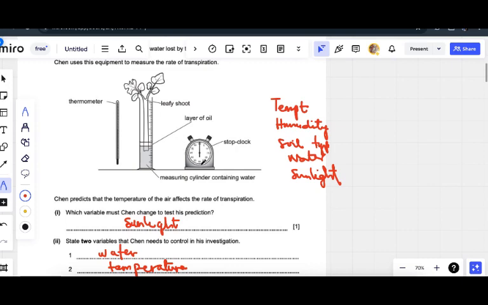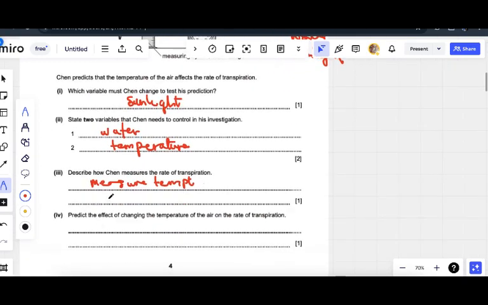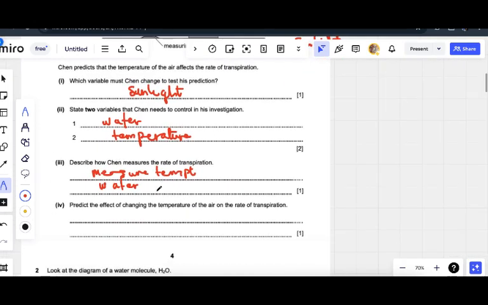Then he measures the amount of water that is absorbed. So we just summarize it. He measures the amount of water that is absorbed, or the amount of water in the cylinder.